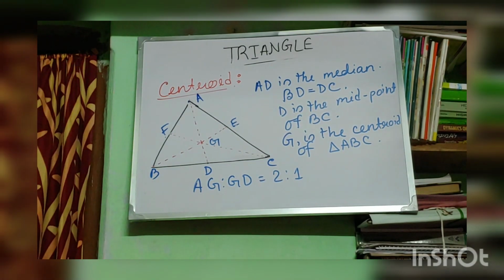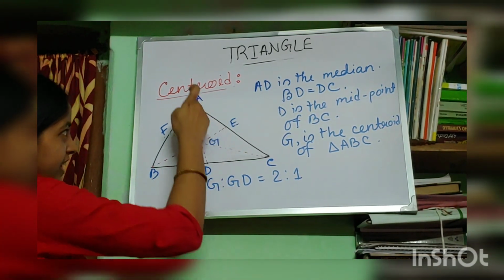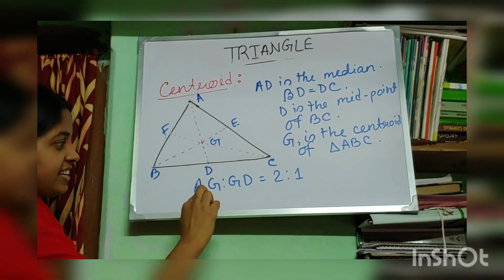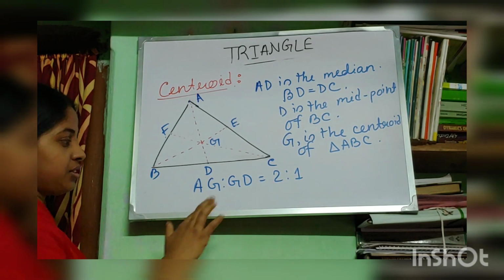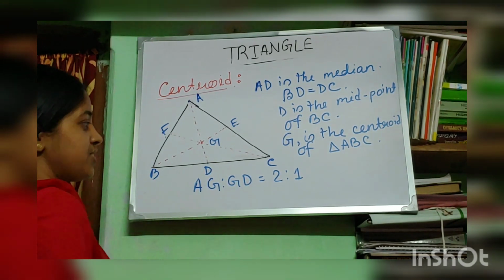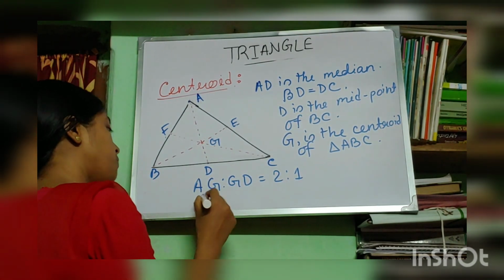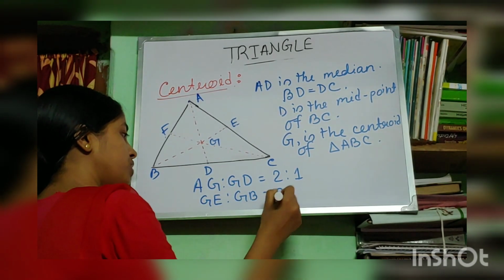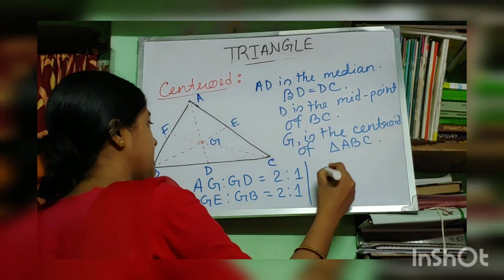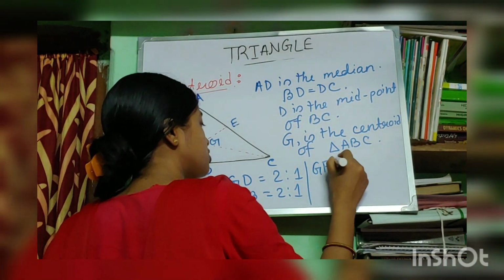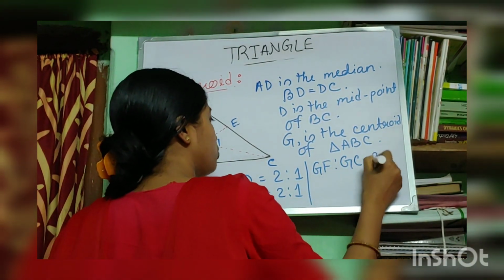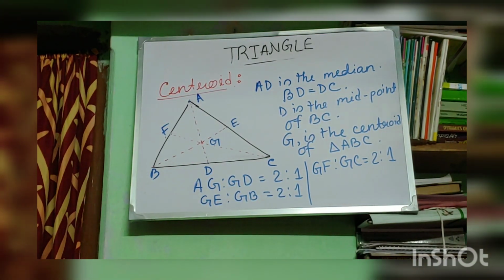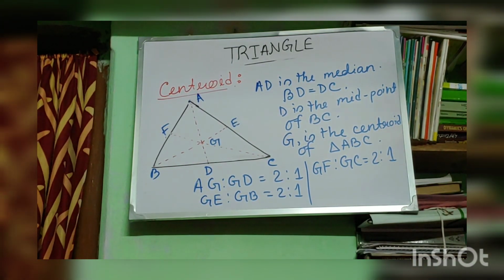That means point G divides the median AD in a 2:1 ratio. AG is to GD is 2:1. In the same way GE is to GB is 2:1, and GF is to GC is 2:1. I hope you have understood what the centroid and the orthocenter are.